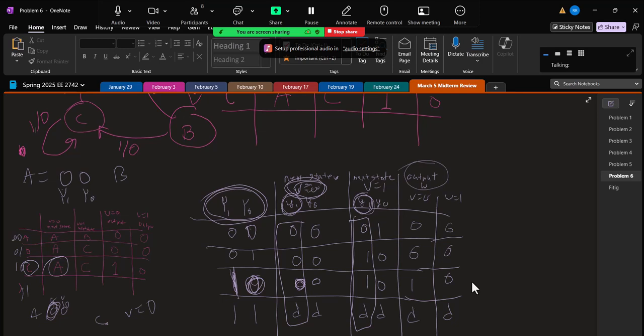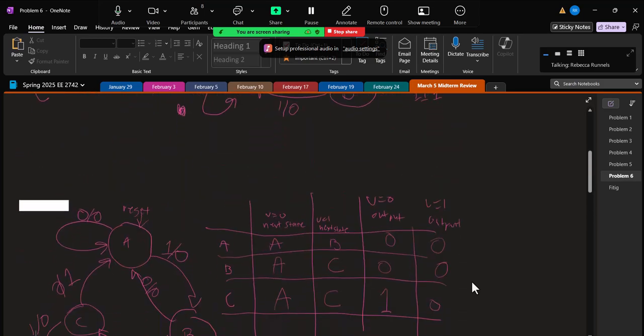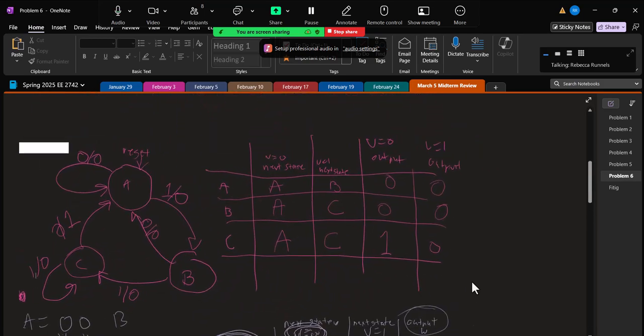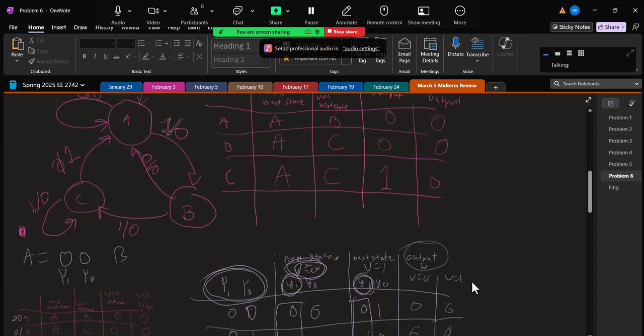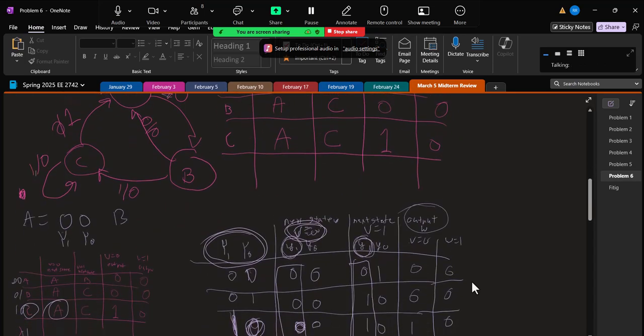Under output W, you have V equals 0 or V equals 1, because the output depended on the input. So it's the output when V equals 0 and the output when V equals 1. Okay, I just got confused because it looked like a W. Right, it does, but that's a V.